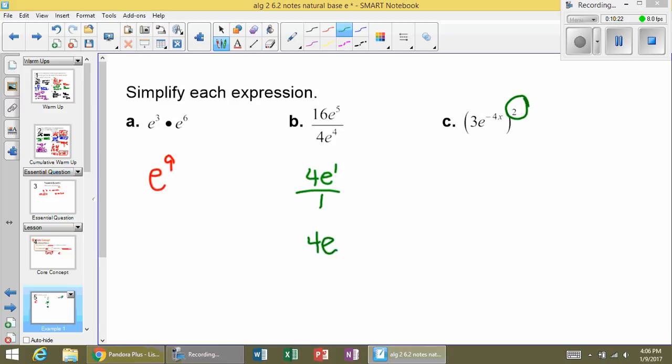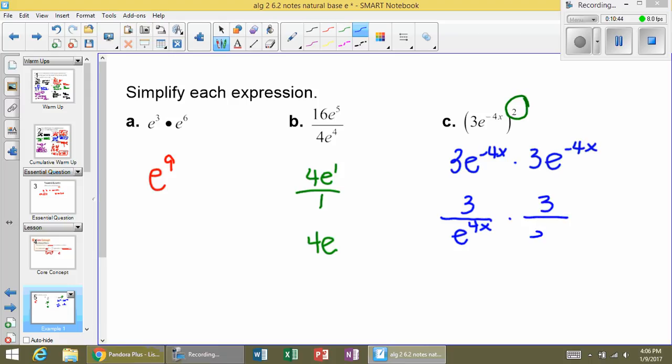And on c, this squared means it's going to be 3e to the negative 4x times 3e to the negative 4x. Now we reviewed that negative exponents cause us to have a fraction, so this is really going to be 3 over e to the 4x times 3 over e to the 4x.